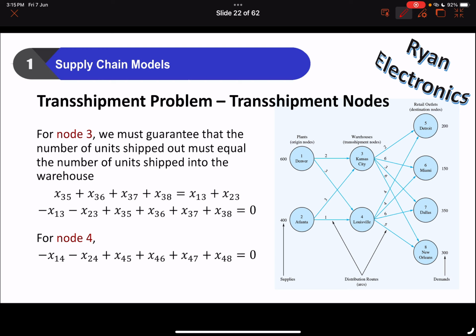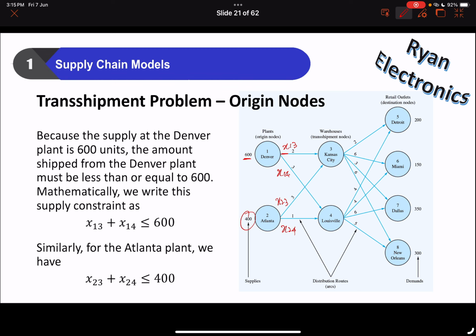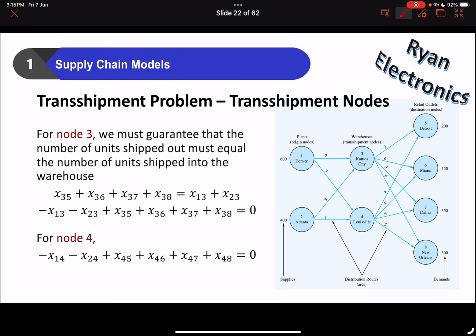Now let's look at node 3. This is where it is different. Node 1 and 2 are very similar, it's just that you have to take note of the numbering. But node 3 is a little bit different, because node 3 doesn't have its own production supplies, and it doesn't have any demand either.